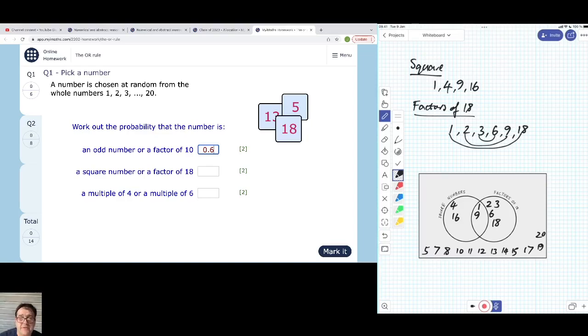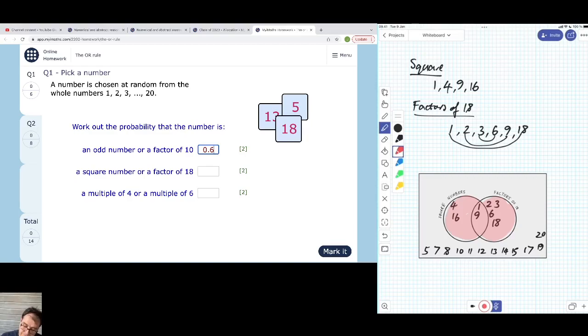So the probability that the number is a square number or a factor of 18. And that includes the case where they are both of those things. So it's anything in the union of the two circles.